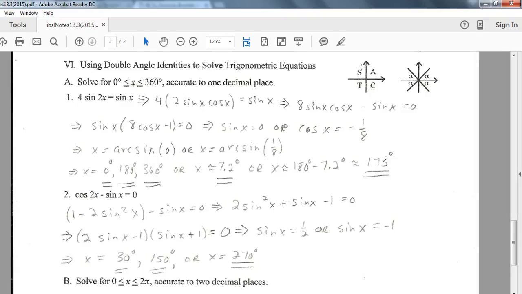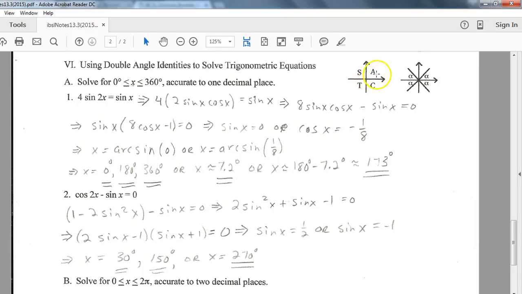And remember, my other answer would have to be in quadrant 3 because that's where my cosines are negative. So if I went left, this is a negative cosine, so I went left to get that answer. So again, I have to go left again to get my other answer. That's another way of looking at it. So I know my next answer is right here in quadrant 3. The reference angle doesn't change, so take a look with me on this.